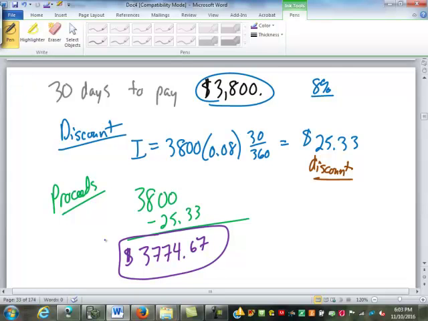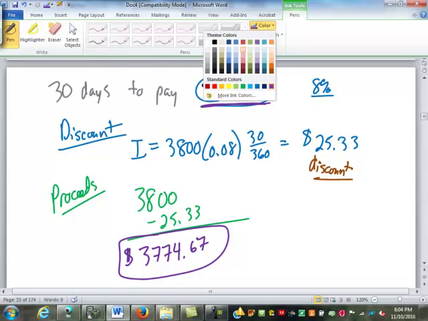So that's the amount of money we'll actually receive. So in order to collect that $3,800 30 days early, it costs us $25.33. Does that make sense?